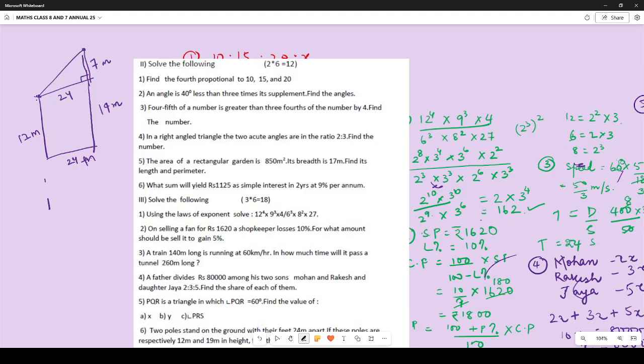So now do you see a right angle triangle over here, and this is the hypotenuse. So 24 square plus 7 square will give you the distance between the two, right? So 24 square is what?